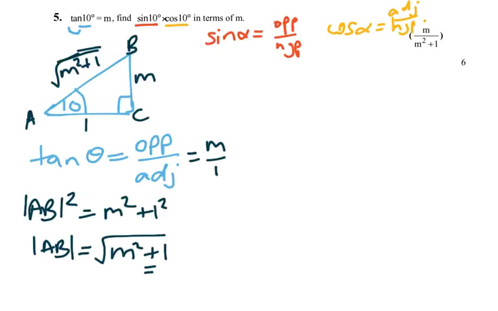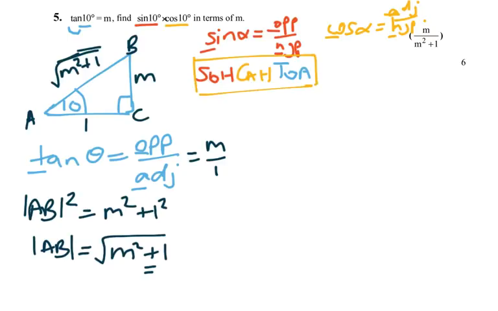A good way to remember this is SOH CAH TOA. So just using the first letter here: tan, opposite over adjacent; sine, opposite over hypotenuse; cosine, adjacent over hypotenuse. So a useful acronym to remember.